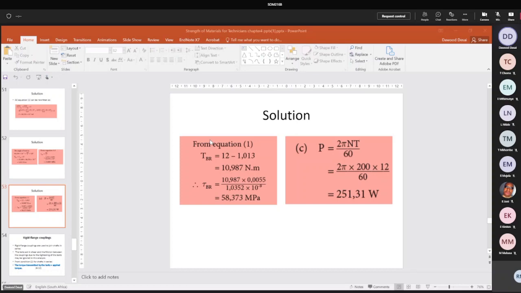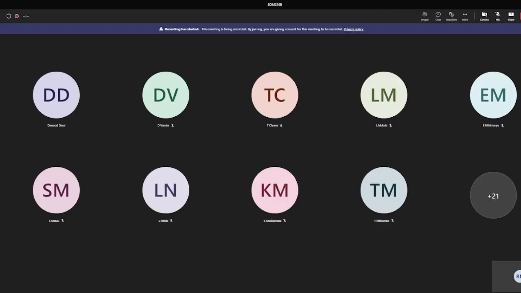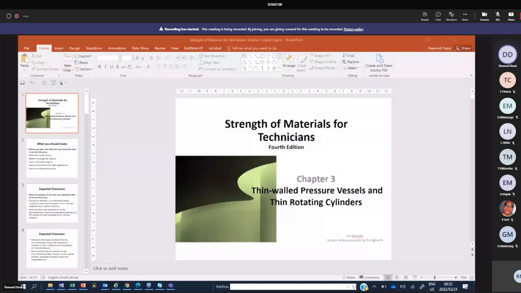What is this now? Rotating cylinders. There. Only got one. Right. Share it again. Right. Can you see that? Thin wall pressure vessels, thin rotating cylinders. Can you guys see that? Yes, no. Can you see that? Thin wall pressure vessels. Yes, sir, we can. Yeah. Thank you.